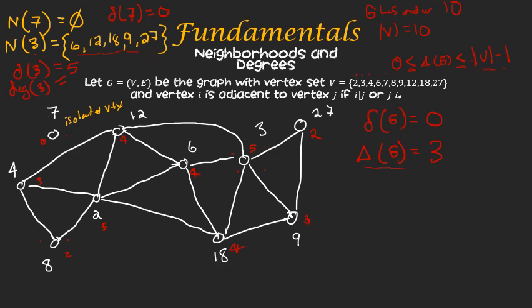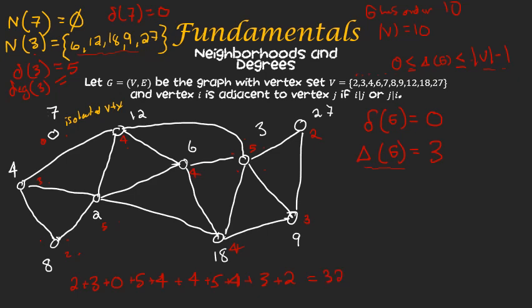Now, in the activity that goes along with this, you'll develop a connection between the sum of the degrees. So if I sum up the degrees of all these vertices, what do I get? 5, 10, 14, 18, 23, 27, 30, 32.